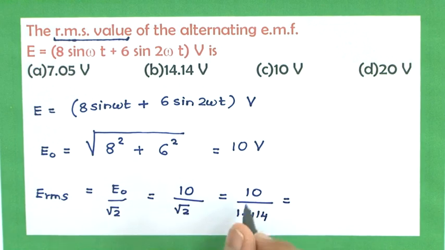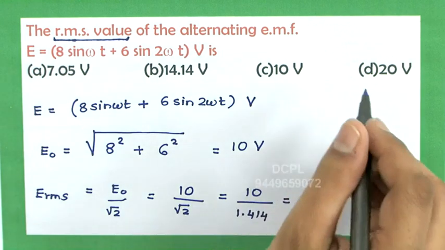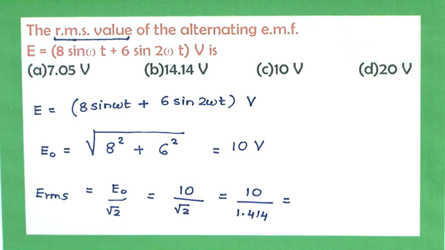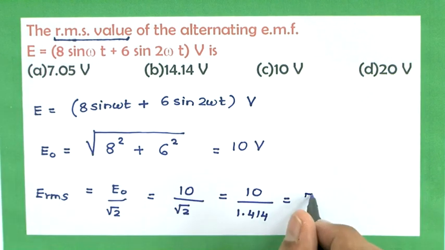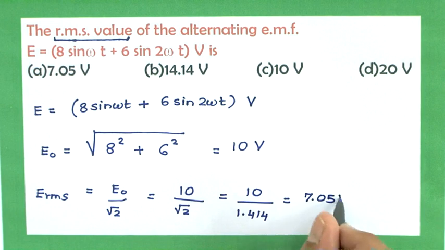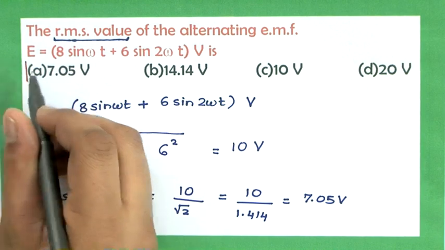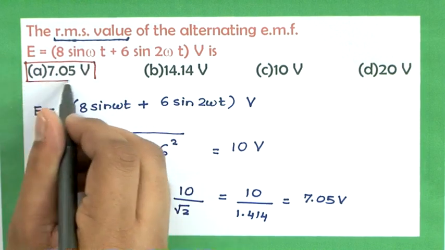So the value is going to be less than 10. The only value which is less than 10 is 7.05 volts. So 7.05 volts is going to be the right answer, which is the RMS value of the alternating EMF. So the right answer for this question is the very first option.